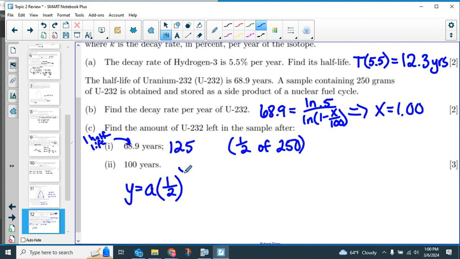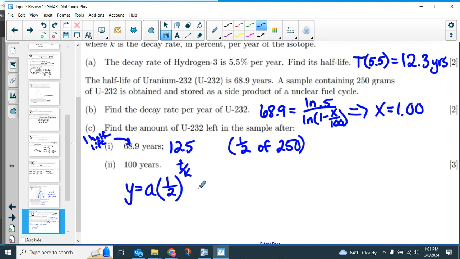Now the x power in this case is simply my time divided by whatever my half-life is, because that's how many times we're cutting it in half. Does that make sense? So if I do 68.9 over 68.9, that's one half-life. That's why I'm cutting this in half exactly once. But really what we do is T over K, where T is the time and K is the half-life.